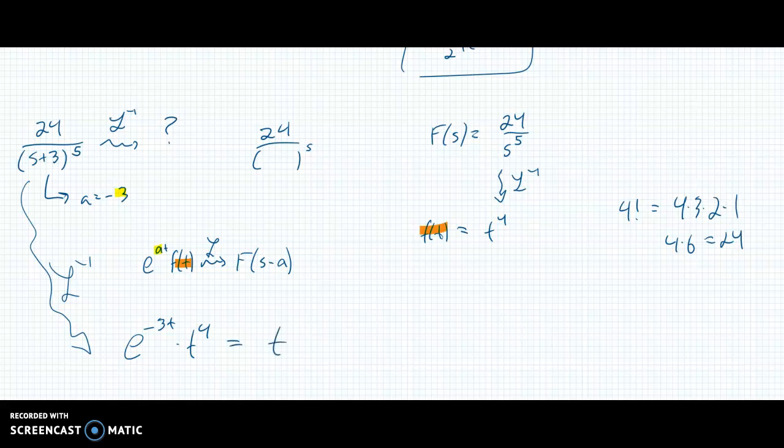The better way to write it would be t to the fourth times e to the -3t, although either one really is totally fine. So hopefully it's starting to make some sense.